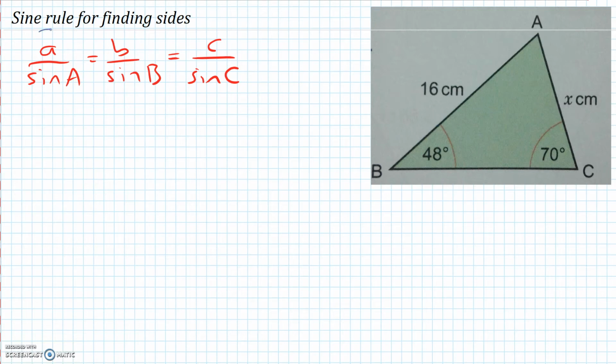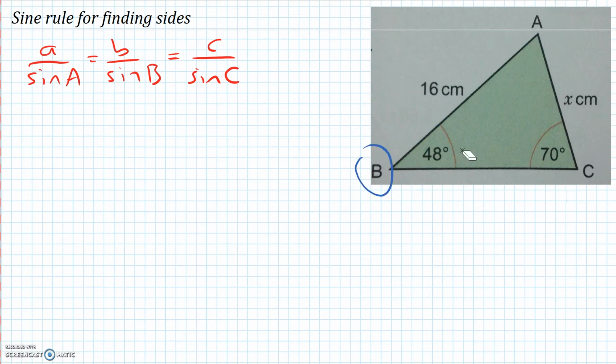If we want to find a length, we'll make sure that the little a, little b and little c are on the top, on the numerator, because that's the side that's going to represent the lengths. Okay, so the next thing we need to do is look at our triangle. This is a typical question here, and we notice that the triangle's already got angle A, angle B, angle C labelled.